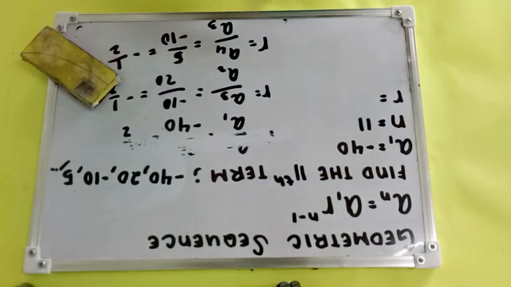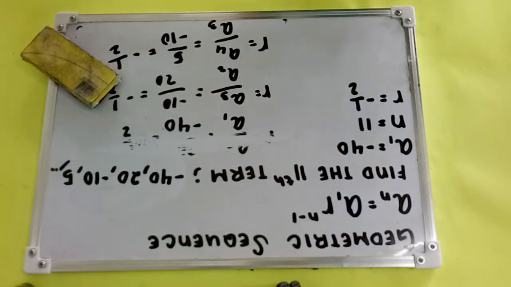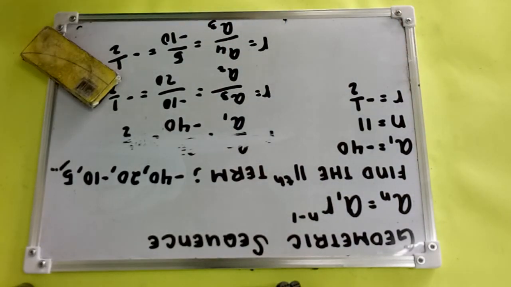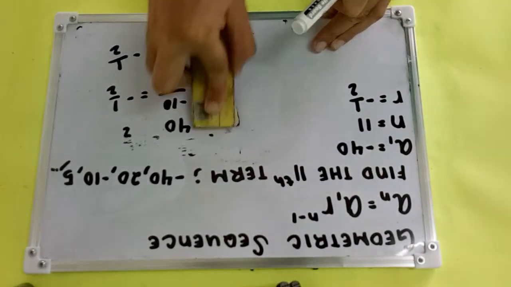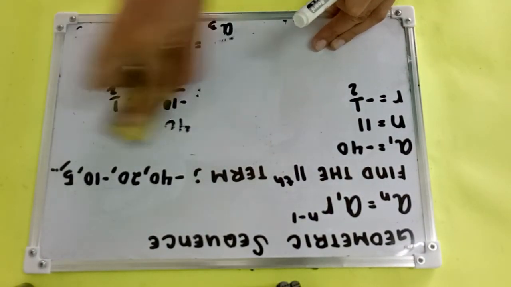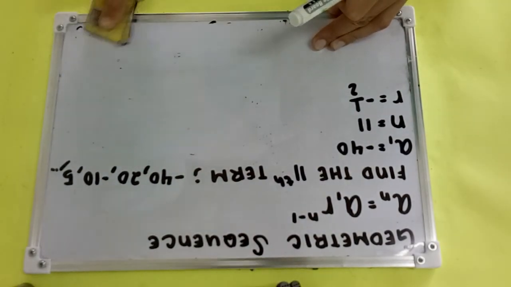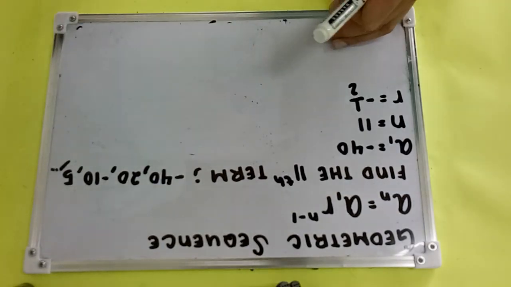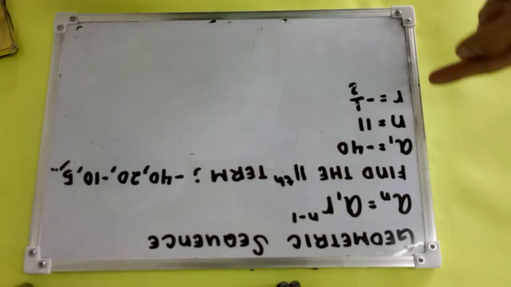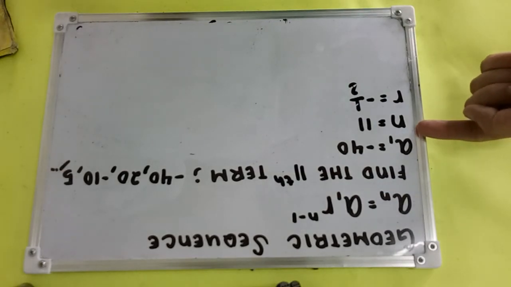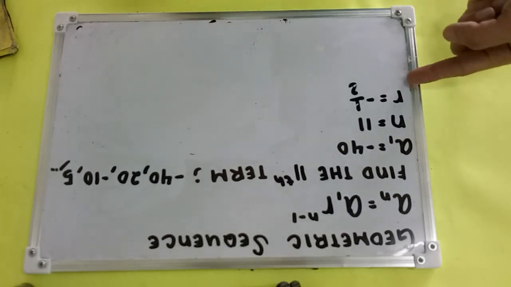So, next, we already identified the common ratio, which is negative 1/2. So we already have a sub 1 or the first term, number of terms or n, and the common ratio r.